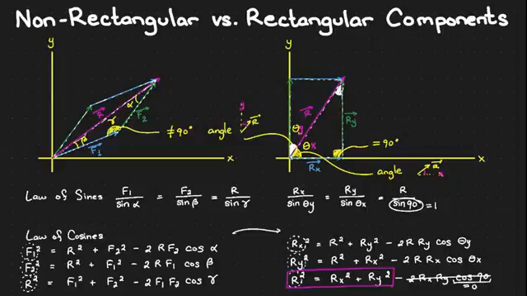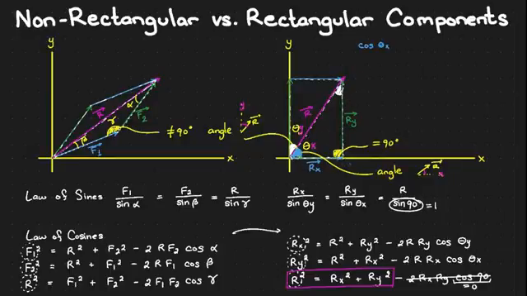I'd like to define for you two more definitions in the rectangular system. The first one is direction cosines, and the next one is direction angles. I'll start with cosine theta x. Theta x is again the angle between the resultant and the x-axis. And by definition, cosine is adjacent over hypotenuse.